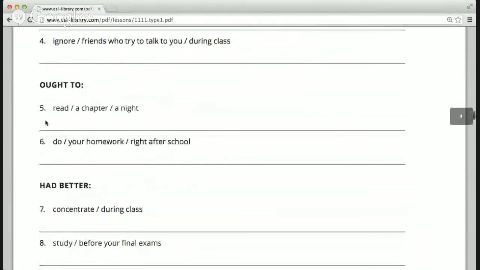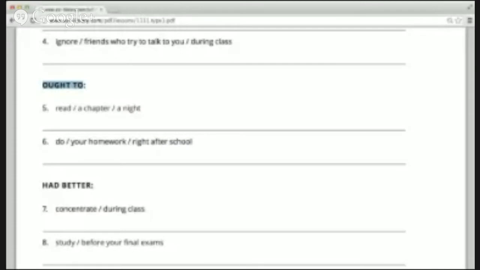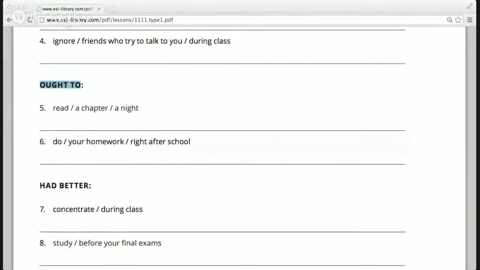Salvatore, number 5, please. You ought to read a chapter a night. Okay, a couple of things here. The way this word is pronounced, the O-U-G-H is pronounced like an "ah."